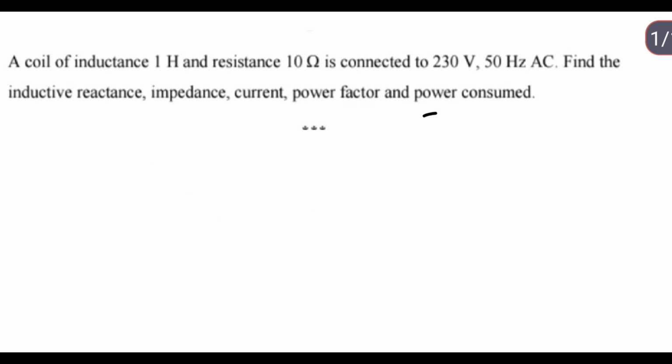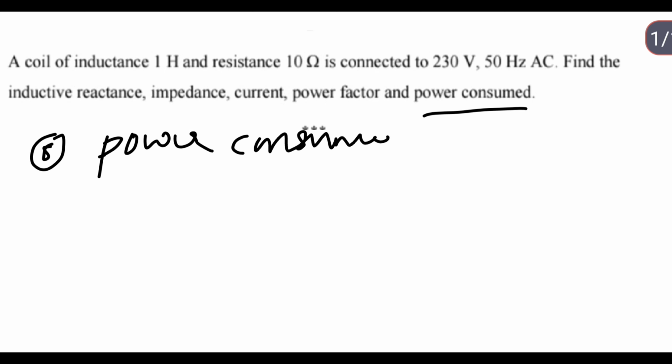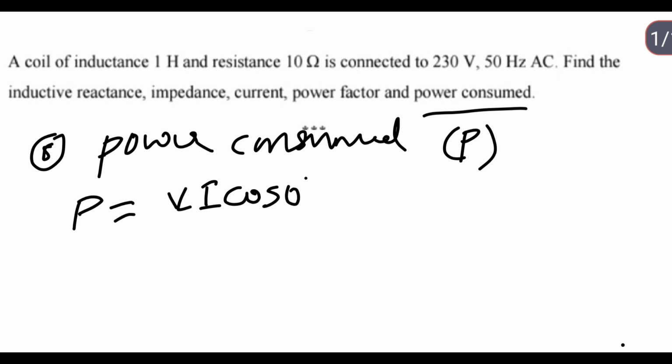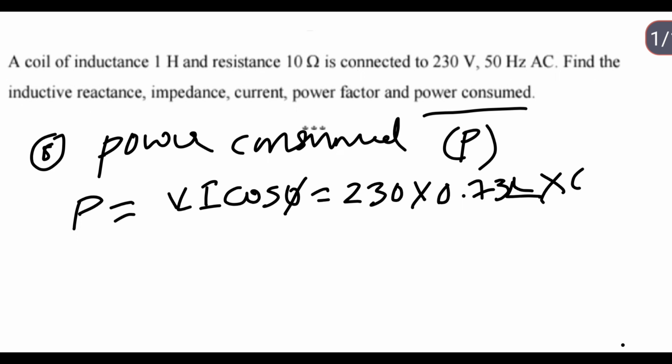Next is the power consumed. The fifth one is the power consumed, which we call P. The formula is P equals VI cos phi. So 230 into 0.732 into 0.0318.